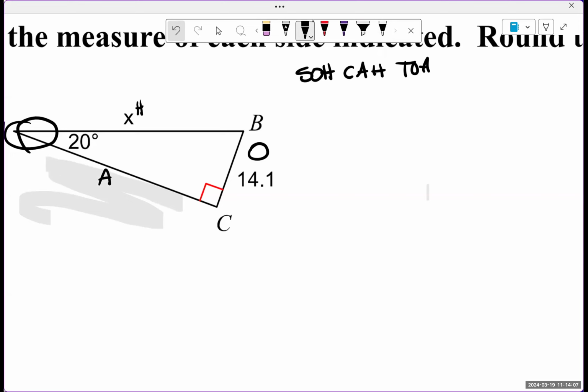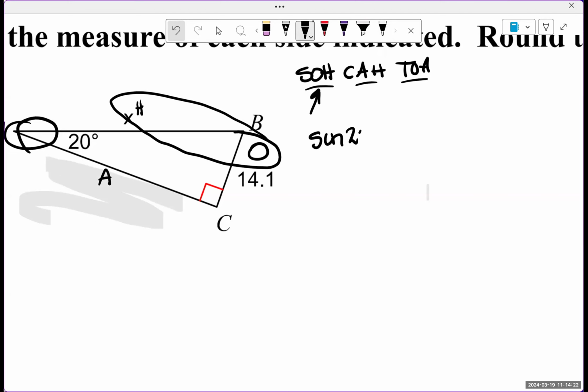So I am using opposite and hypotenuse. Which trig function do we use? Opposite and hypotenuse: sine of 20 degrees is opposite over hypotenuse, 14.1 over x.